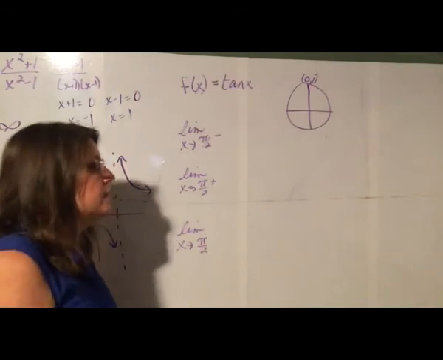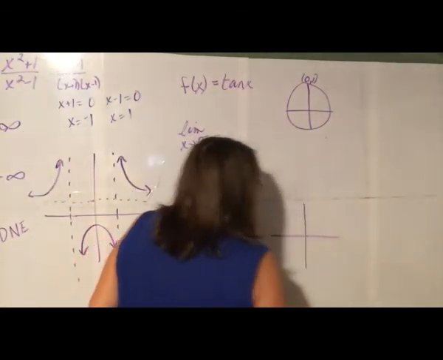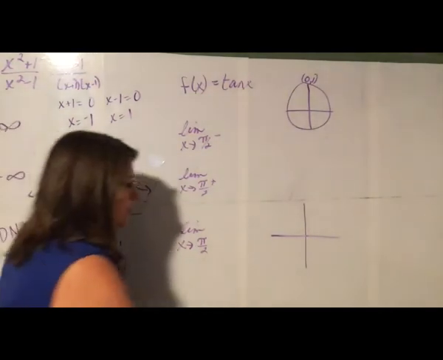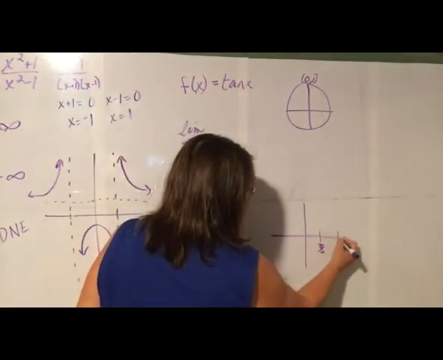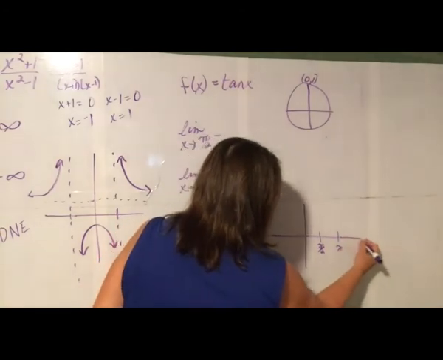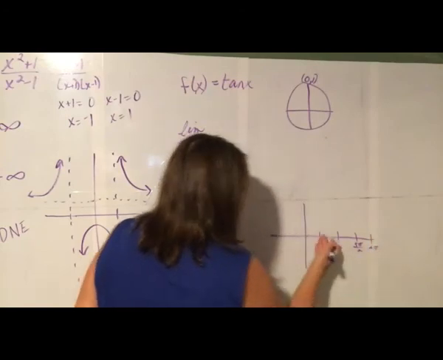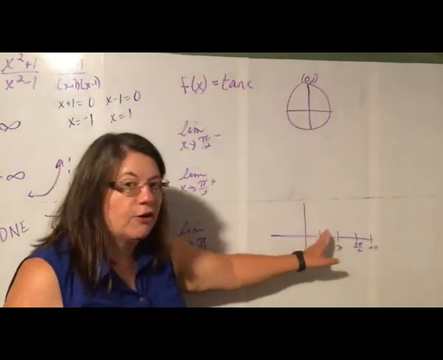Hopefully you remember when you learned how to graph your trig functions on a coordinate system, your asymptotes were at your pi/2 values. So this is 0, here's pi/2, there's pi, 3 pi/2, and we could go all the way to 2 pi if we want to. We could do the left side, but all we're interested in is these two sections of my graph.